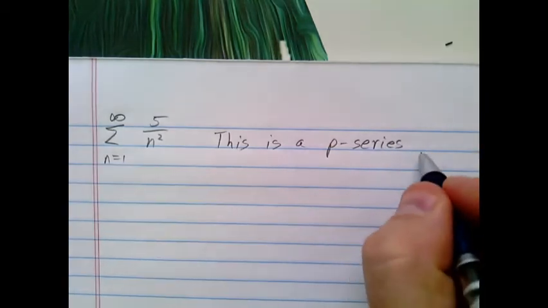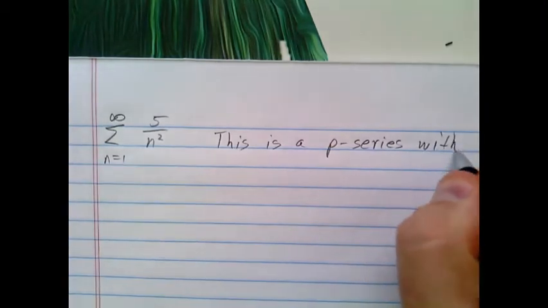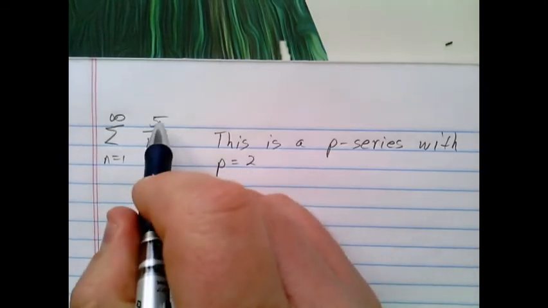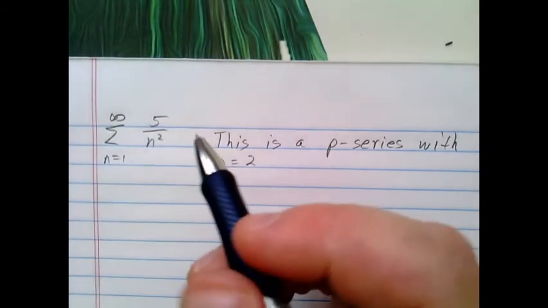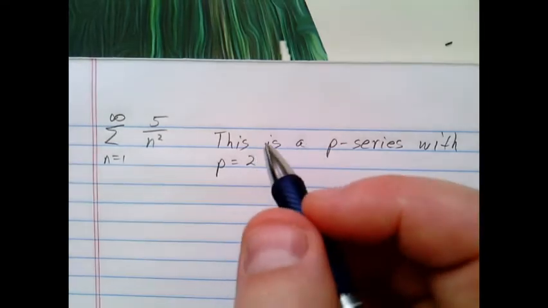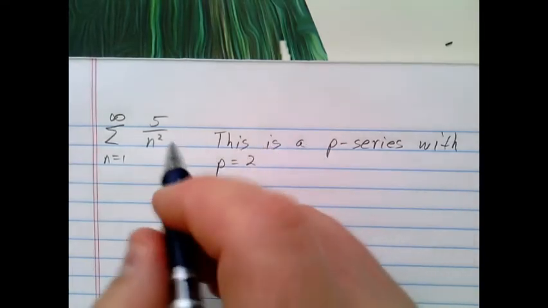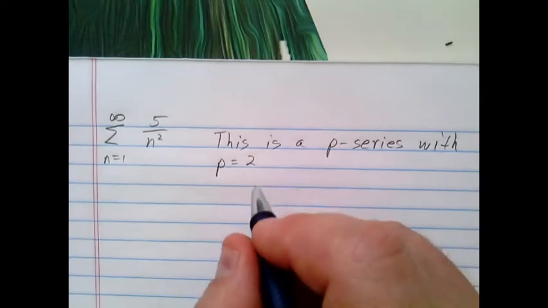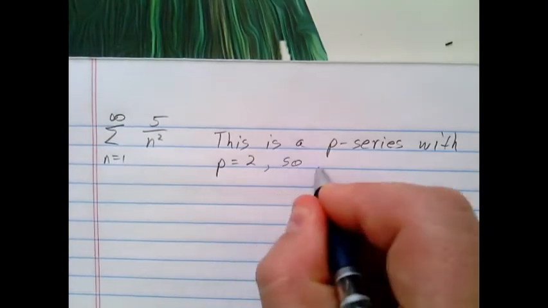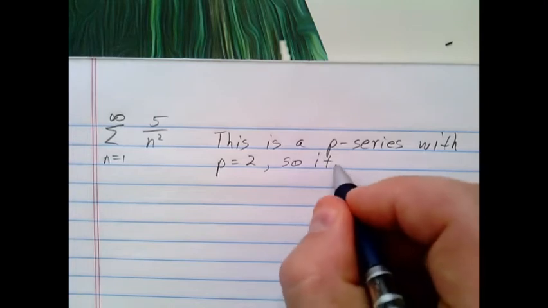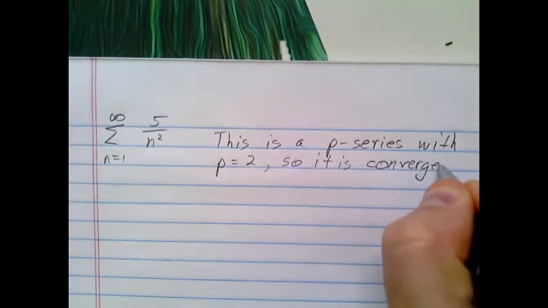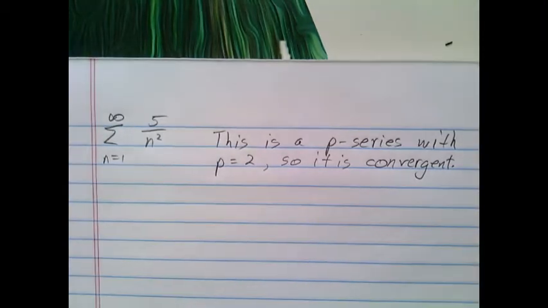Remember we said that having a constant multiplier doesn't really change anything when we're examining convergence or divergence, as long as the constant isn't 0. This is a p-series with p equals 2, so it is convergent. We don't even have to do a limit comparison test to sort this one out.